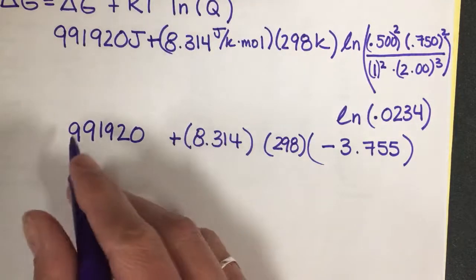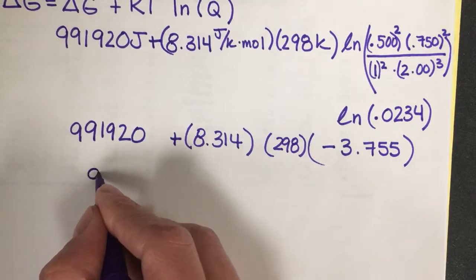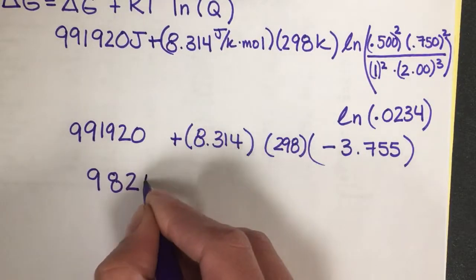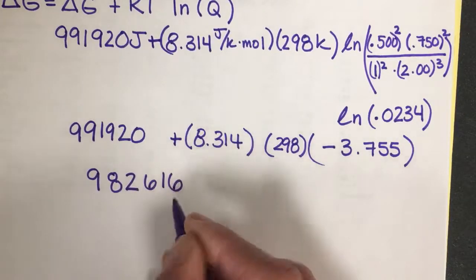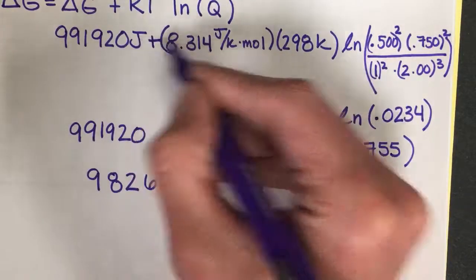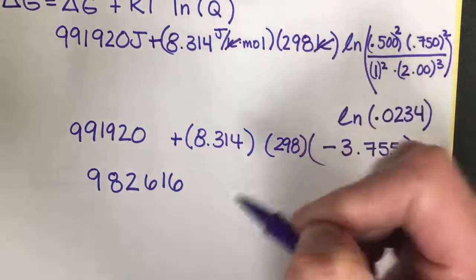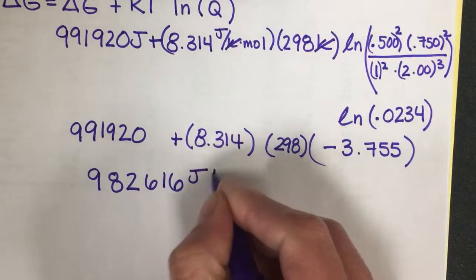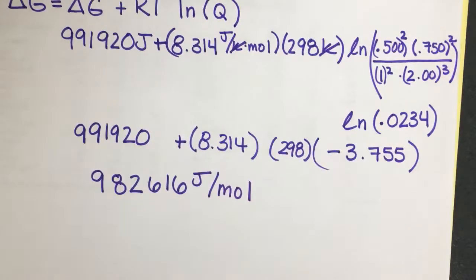So I should get that my new delta G is 98216. If I kept track of my units, I've got Kelvin canceling out. So I'm going to have joules per mole.